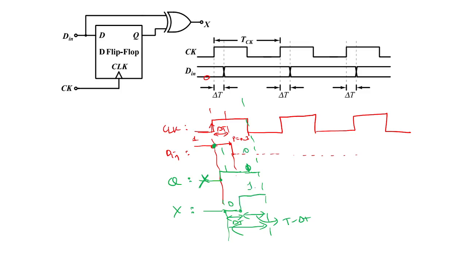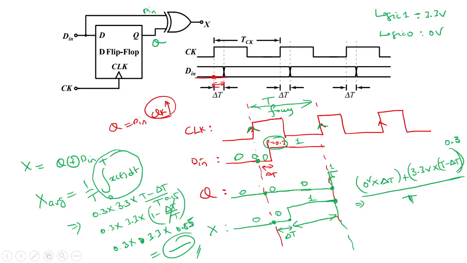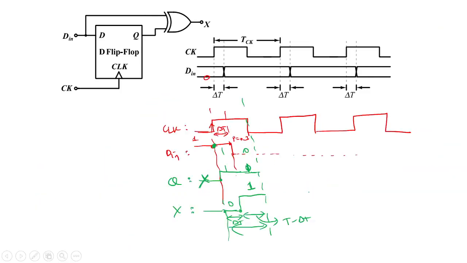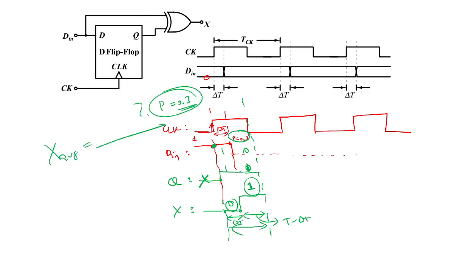You see that waveform and this waveform are the same: 0, 1. Here 0 and 1. And there is a probability also, p equal to 0.3. So if you find the x average, again it will give the same thing.